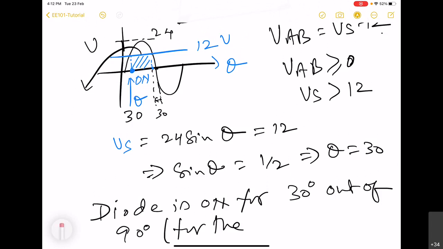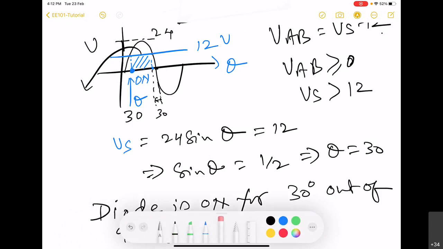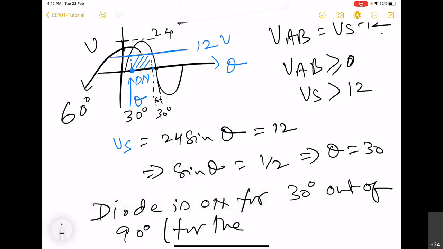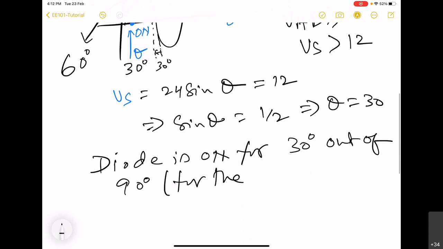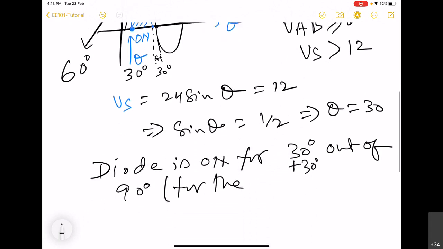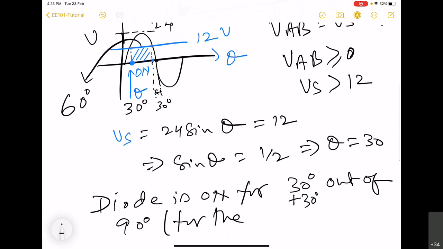So the diode is off for the first 30 degree portion, this portion.